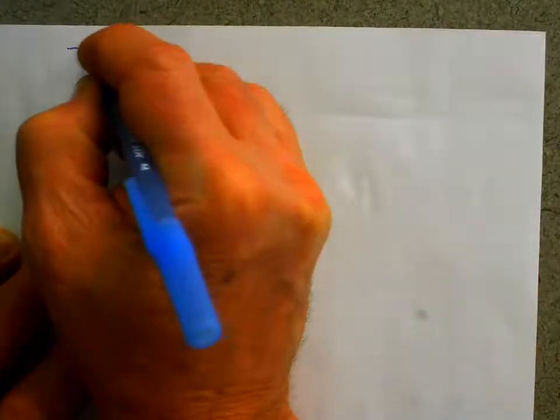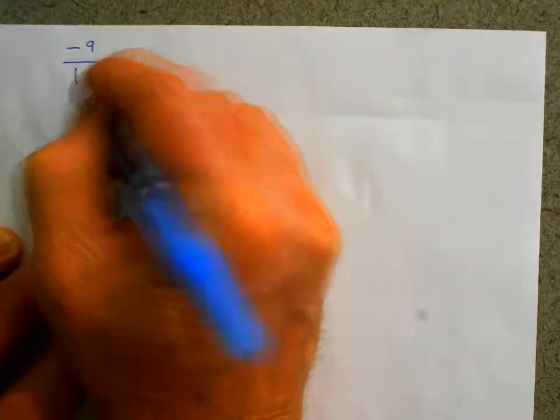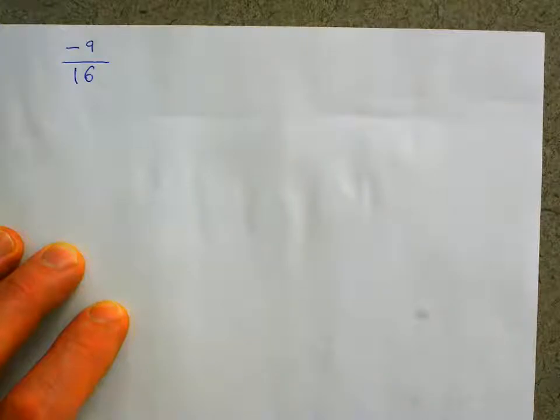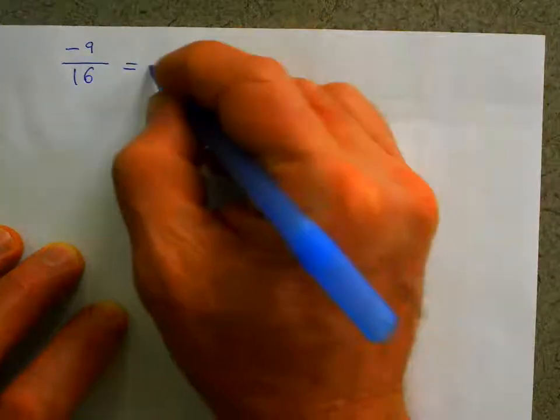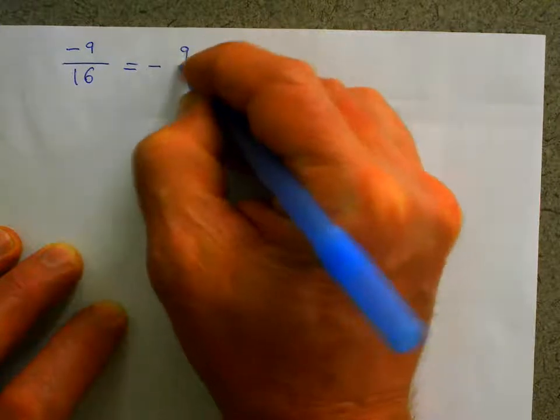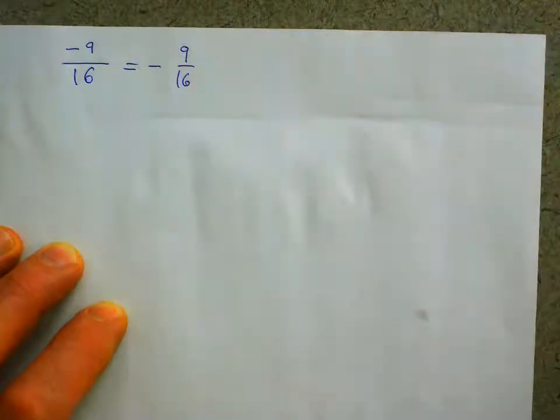So there are equivalent ways to write negative fractions. That particular fraction that you asked about has negative 9 in the numerator and positive 16 in the denominator. That's equivalent to writing negative 9/16. So the number's negative.